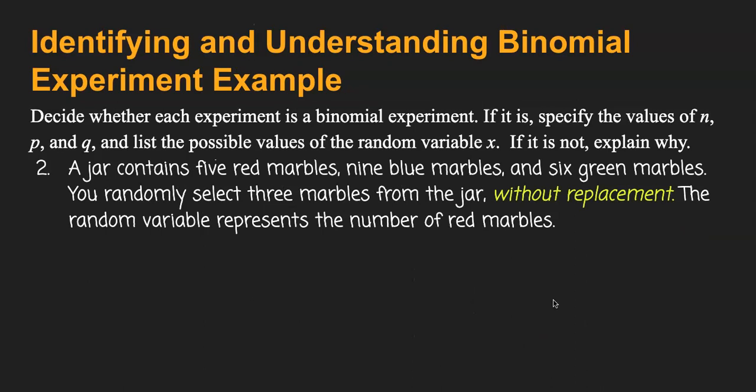Now this time, a jar contains 5 red marbles. I think I'm going to start writing some things down as I'm talking about this, because I want to talk about the actual probabilities. Hold on, let me get my notepad. So how many red marbles? We have 5 red marbles.